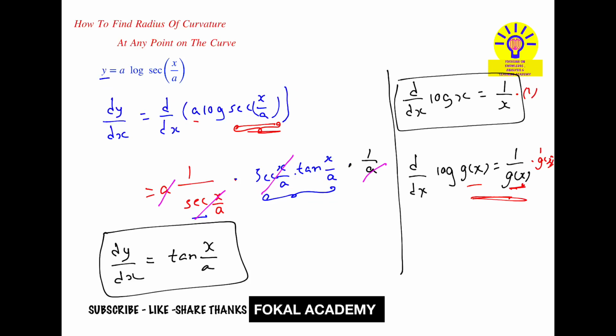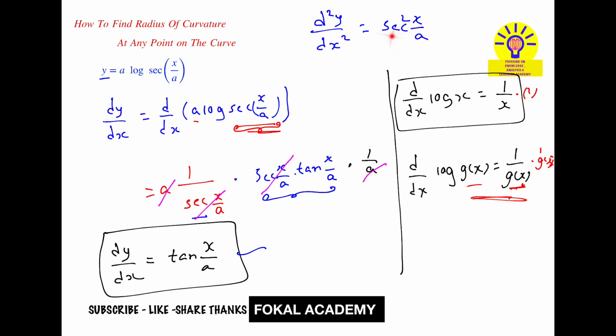Now we want the second derivative. For that, derivate this function and we will get d square y by dx square equal to the derivative of this function. The derivative of tan of x by a is nothing but secant square x by a.